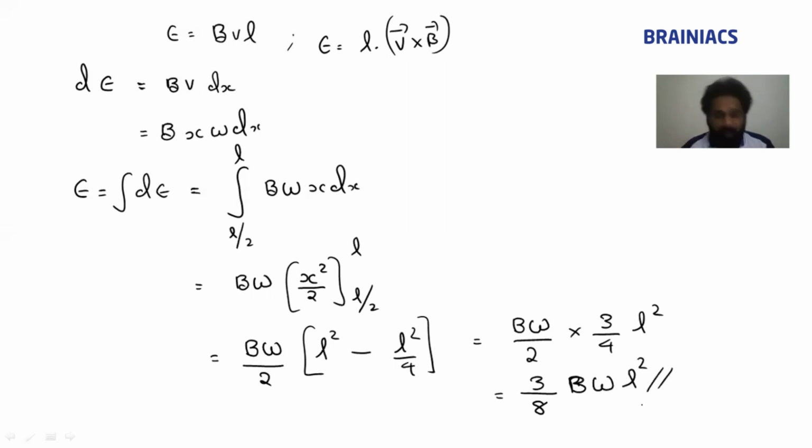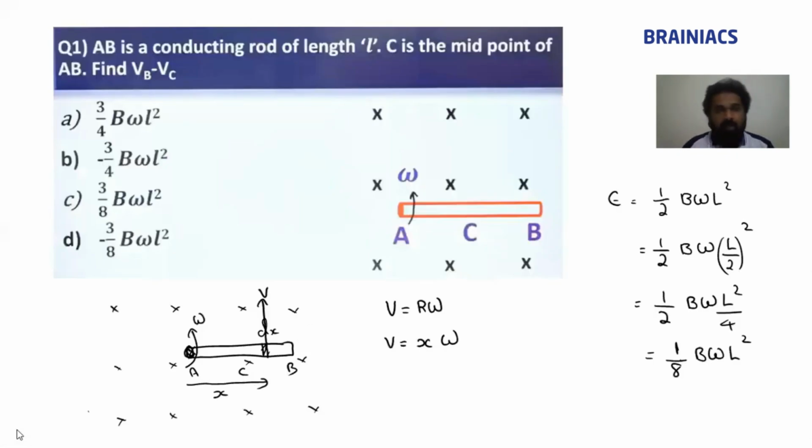Now if we come to the options, the trouble is that 3 by 8 B omega L square and minus 3 by 8 B omega L square are both there. How to deal with this? The question asks for VB minus VC. Now our right hand palm rule: this is the direction of the magnetic field and this is the direction of motion of the rod. So this is going to be the polarity, positive will come on this side. C will have the positive terminal.